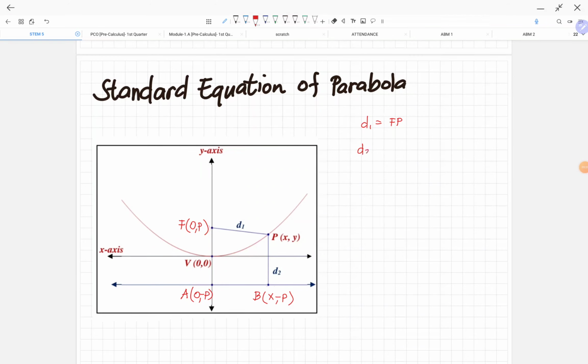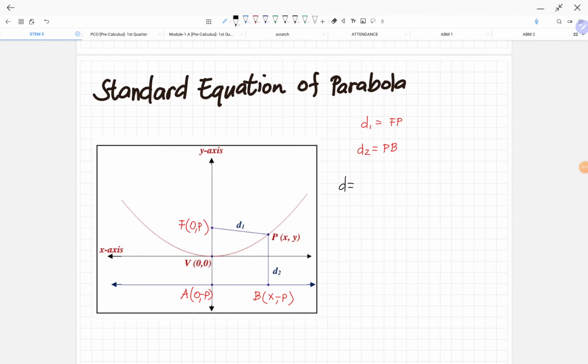And d sub 2 is equal to the distance of point P to point B, or simply the length of the segment PB.